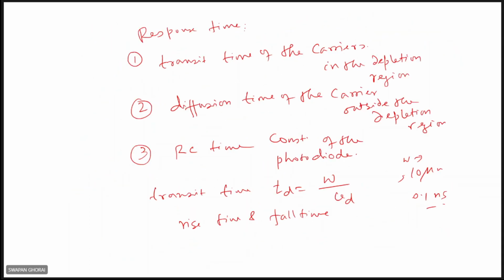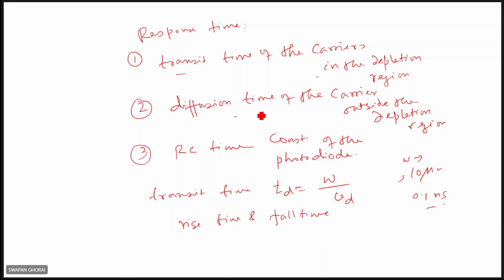Okay. Next, you see the response times. Response time is another factor that you have to consider while dealing with photodetectors. The response time depends upon three factors. One is the transit time of the carriers in the depletion regions.